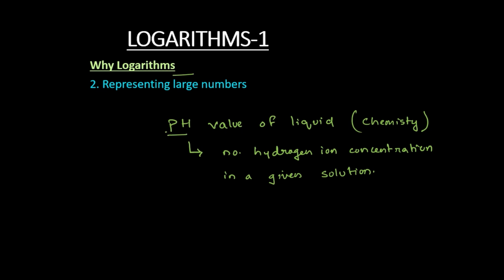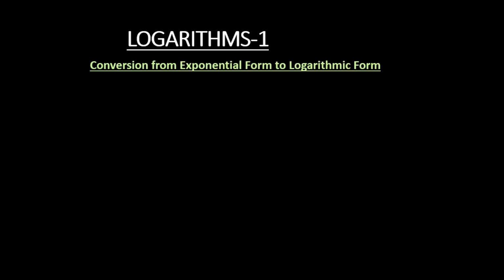Now let's move on to how we convert an exponential equation into a logarithmic equation. Let's say we have 10 raised to the power x equals 50. Here we say this is the exponential equation.